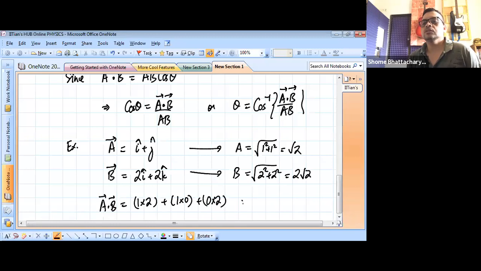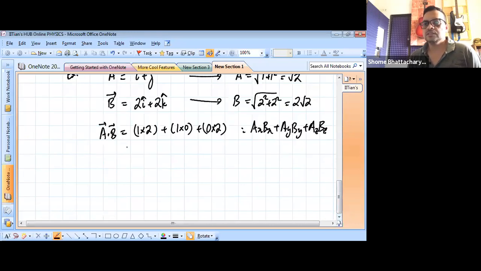Or in other words, it is Ax bx plus Ay by plus Az bz. This is the formula. So applying that formula now, we can see that A dot B is equal to 2.